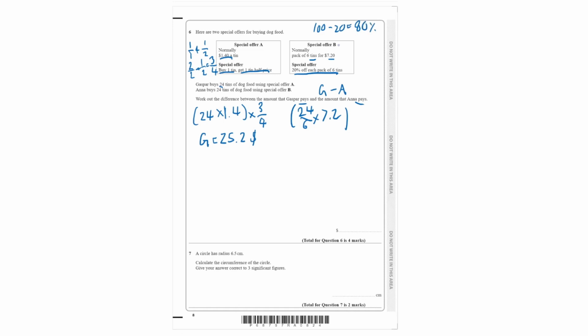And since this is a percentage, we can write this as 80/100. Or we can write this as 8/10. Or we can write this as 4/5. And now that we know that she only pays 4/5, we can multiply this by 4/5 to find out the total value Anna pays.